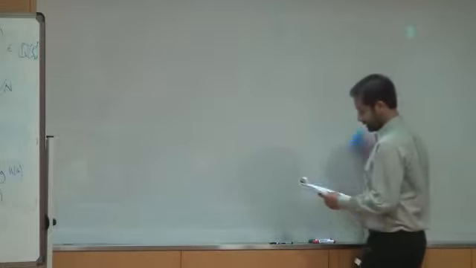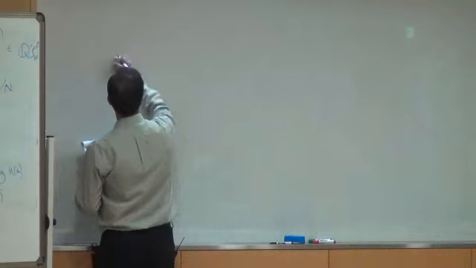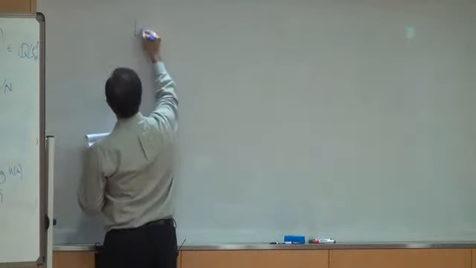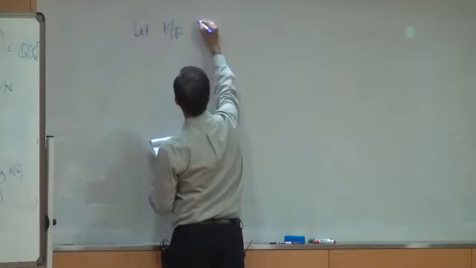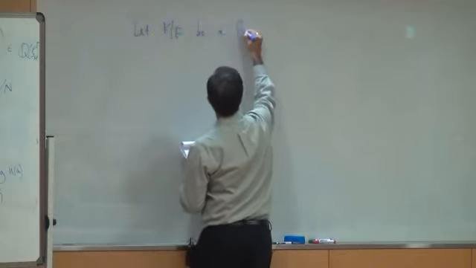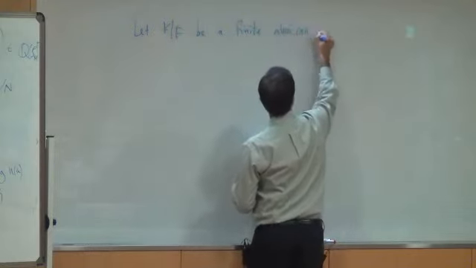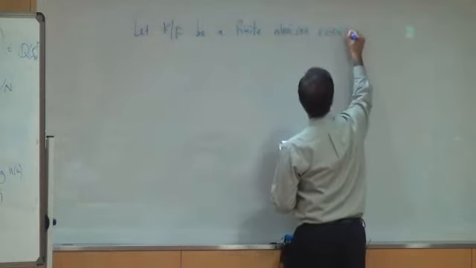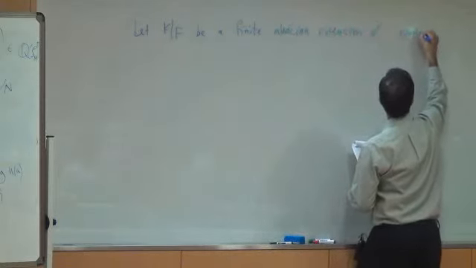Okay. So now let me state Stark's conjecture. The setting for Stark's conjecture is: let K over F be a finite abelian extension of number fields.